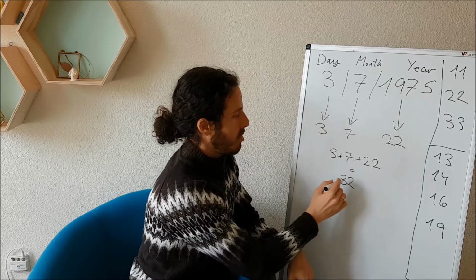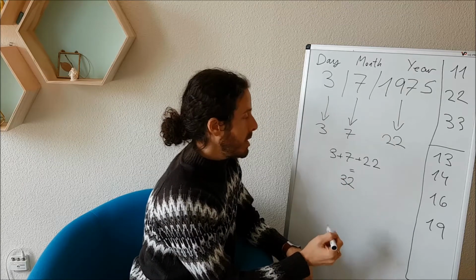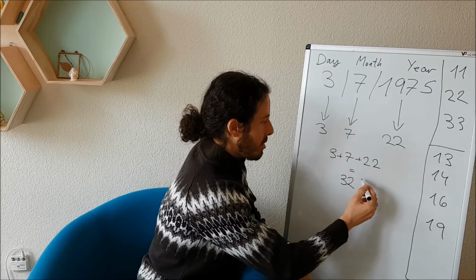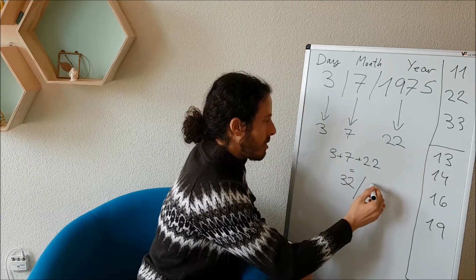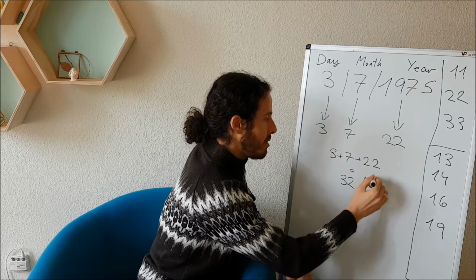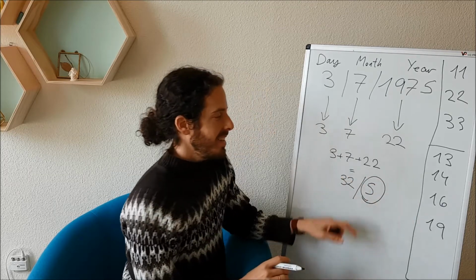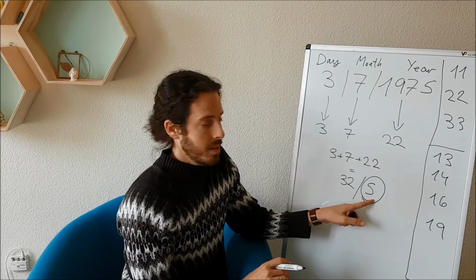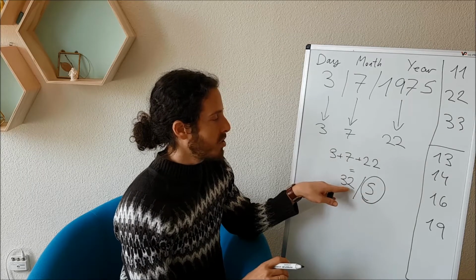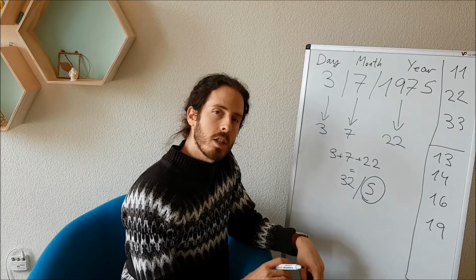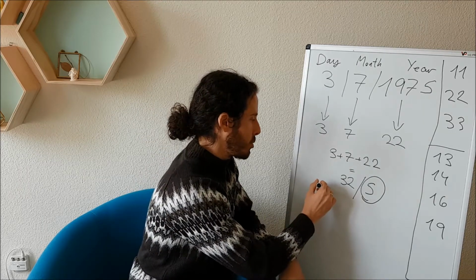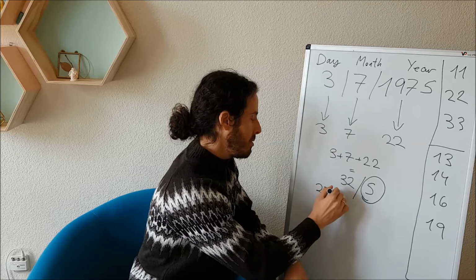32 is 3 plus 2, which equals a 5. The way we write it is 32 slash 5. 5, in this case, is the major heart number. The 32 gives you a certain specification of the kind of 5 it is, because a 5 can also be derived from 23, 5.